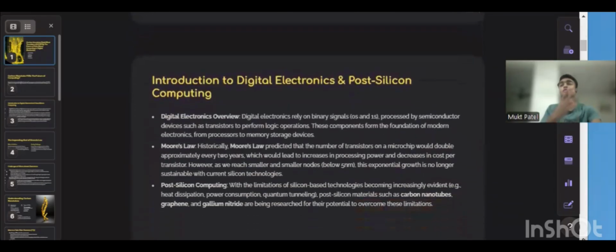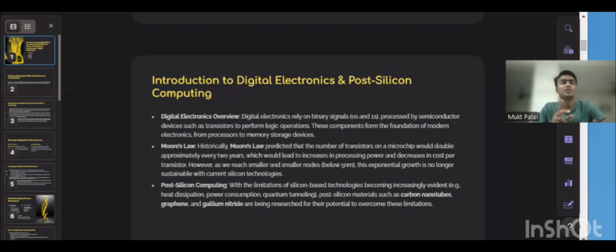So here's the introduction first. Introduction to digital electronics and post-silicon computing. Digital electronics overview and Moore's law and post-silicon computing. Digital electronics rely on binary signals. Binary signals means they talk in two digits only, 0 and 1, not in another language. Their language is run by 0 and 1 only.